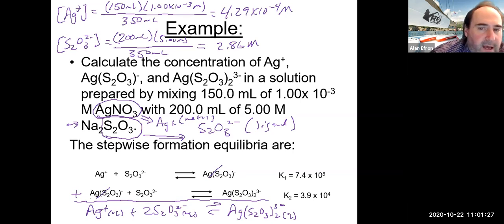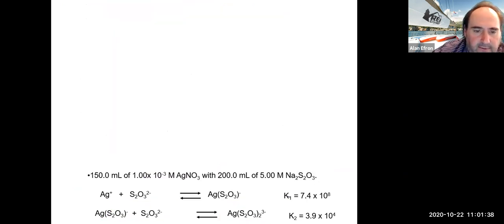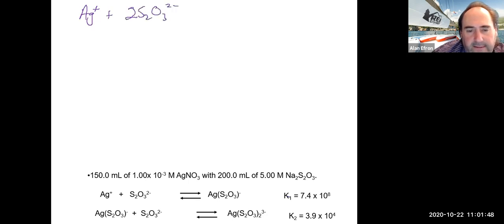And now we could kind of work this ice table like we did the last one. So I'm going to start with that overall guy and our concentrations of these guys. So taking our overall reaction there of silver plus our 2 S2O3 2 minus gives us our silver S2O3 2 3 minus.